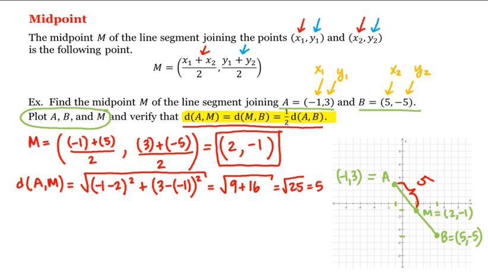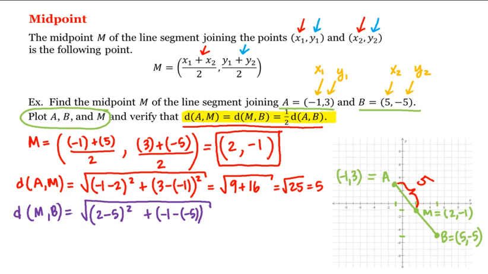Now the distance between M and B should also be 5, but let's verify that. So the distance between M and B is equal to the square root of the difference in the x-coordinates squared, so 2 minus 5 quantities squared, plus the difference in the y-coordinates squared, or a -1 minus a -5 quantity squared, which is equal to the square root of 2 minus 5 squared, which is -3 squared, or 9, and then plus -1 minus a -5, which is 4 squared, or 16, which is equal to the square root of 25, which sure enough is 5.